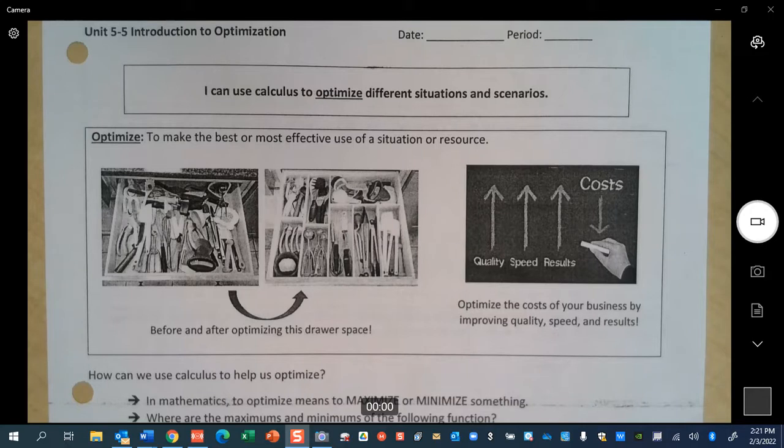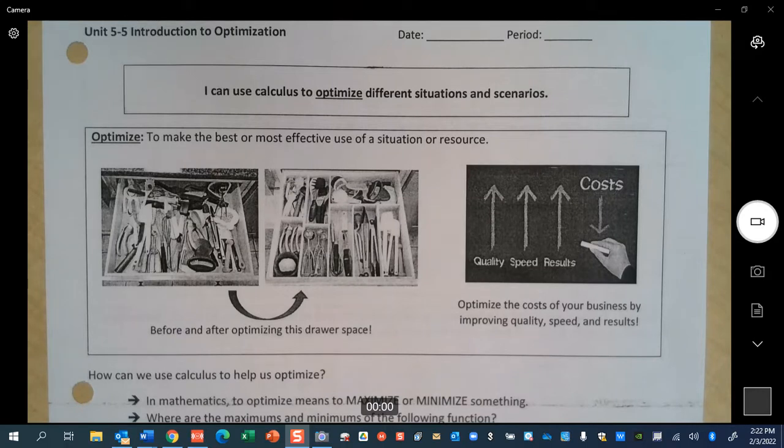So the definition of the word optimize is to make the best or most efficient use of a situation or resources. Sometimes we want to maximize our space. Sometimes we want to minimize something like our cost. So when we're talking about optimizing, it can be a conversation about finding our maximum or our minimum.